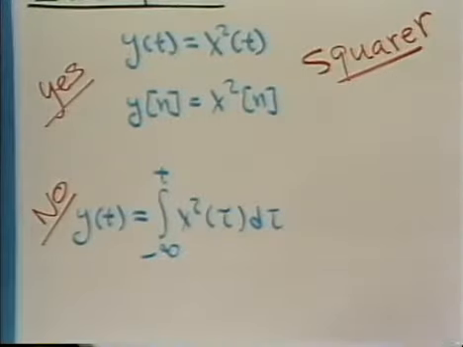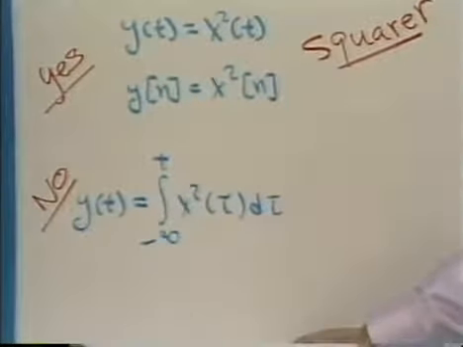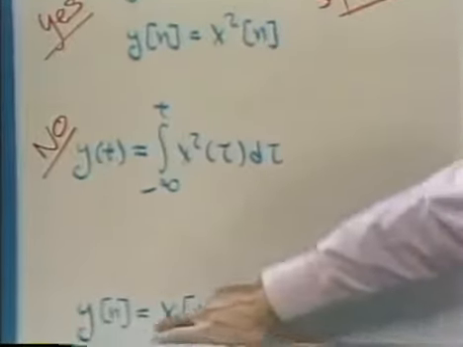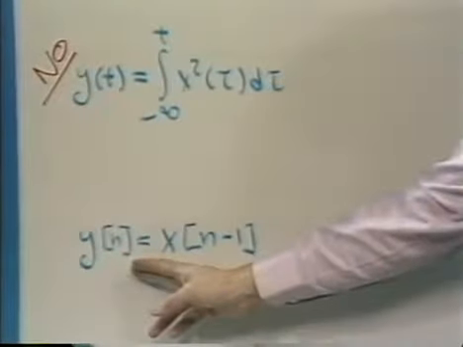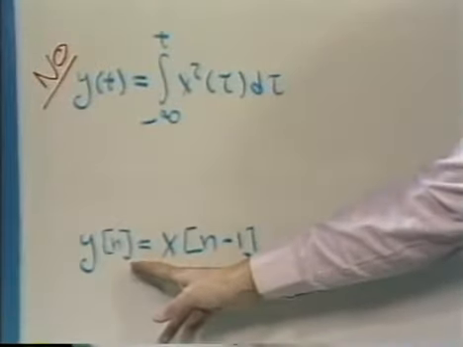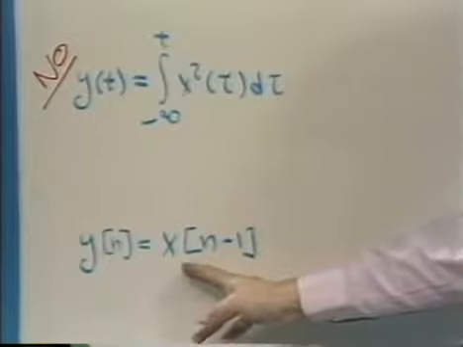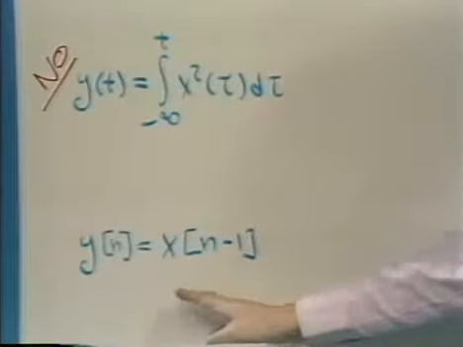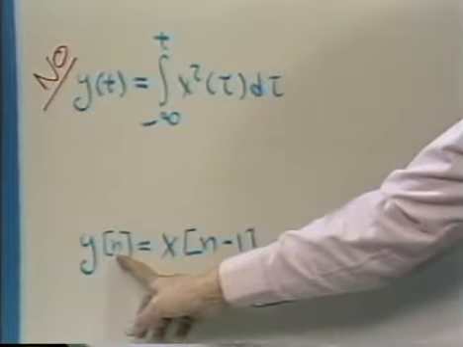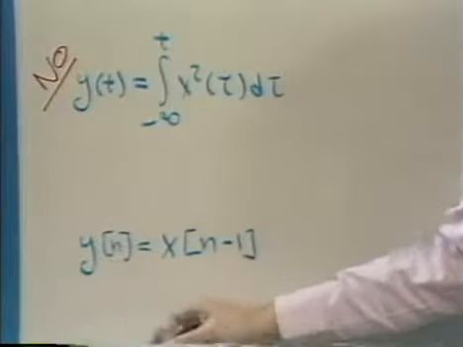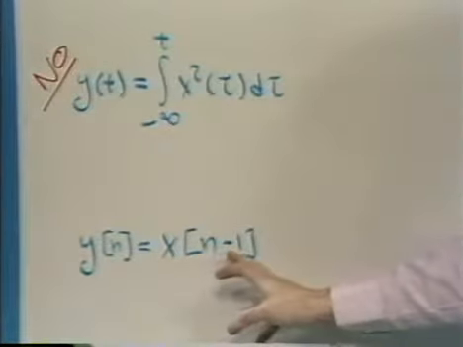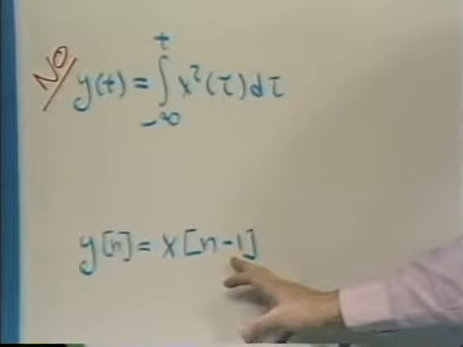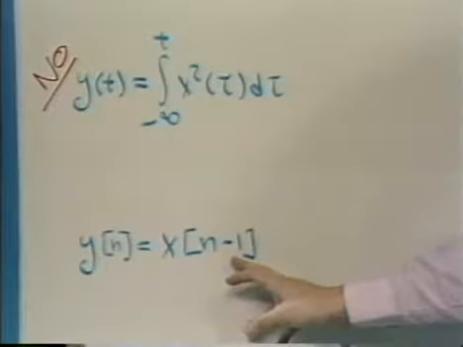And now I have a third system defined here. The third system is a discrete time system in which the output is equal to the input, but not quite. The output at some time, let's say for example at n equals 0, is equal to the input at one time sample or instant or value of the index before that.